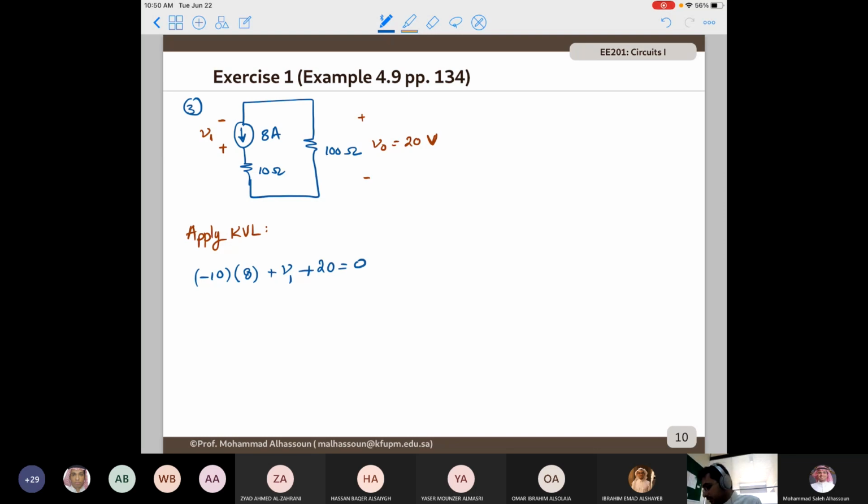So in this case, V1 will be 60 volts. So the power developed by the 8 ampere source is going to be minus 8 multiplied by 60, and this is going to give me 48 watts. So remember, both sources actually deliver.